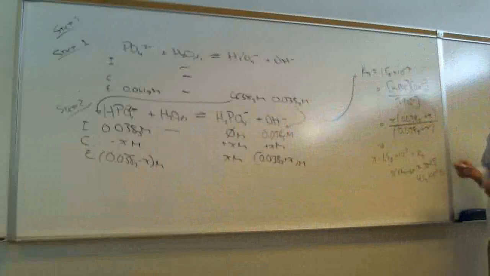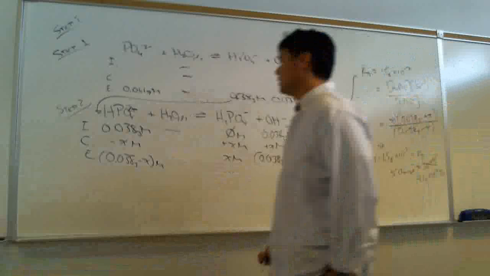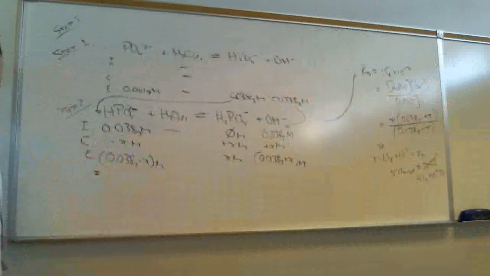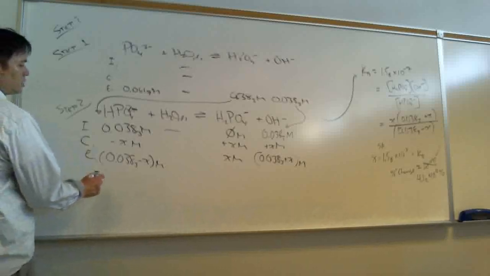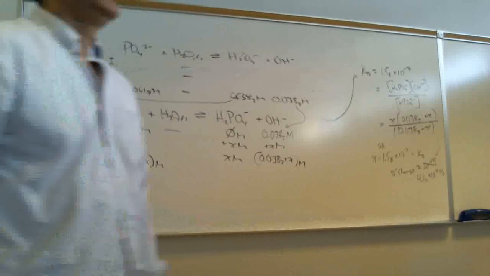We see the SA is really good. No problem. If you did the quadratic, there's no reason to do the quadratic when your SA is that good, because you'll get the same number. And so let's go ahead and do the calculations here. Actually, let me do it up here so I have room.